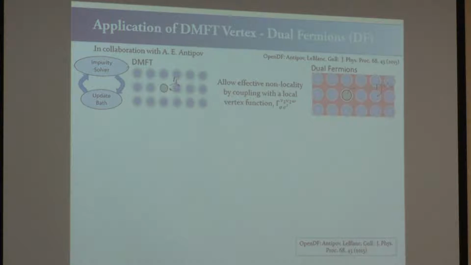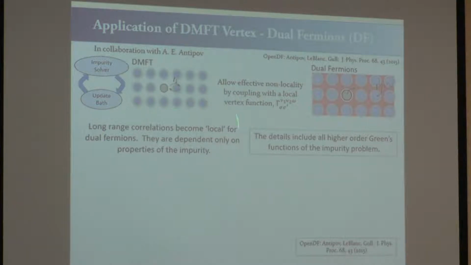I talked a lot about that gamma function. In truth, there's a subtle difference, which Alexei pointed out the other day. I didn't go through the details of talking about Parquet equations, the difference between the fully irreducible vertex and the full vertex. So for now, I'm just not going to worry about those. You can go and look up what I marked as the best paper ever by Georg Rohringer, which explicitly outlines all of those subtle details. Okay.